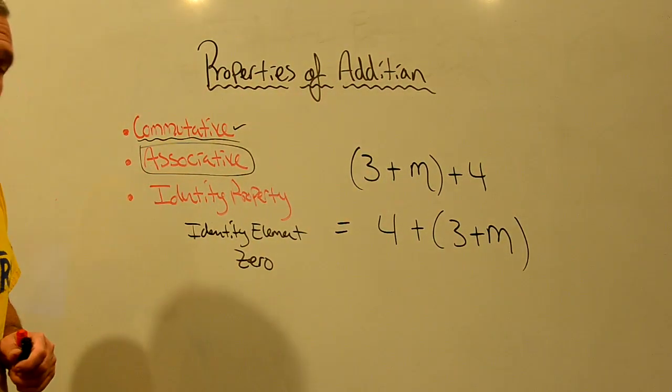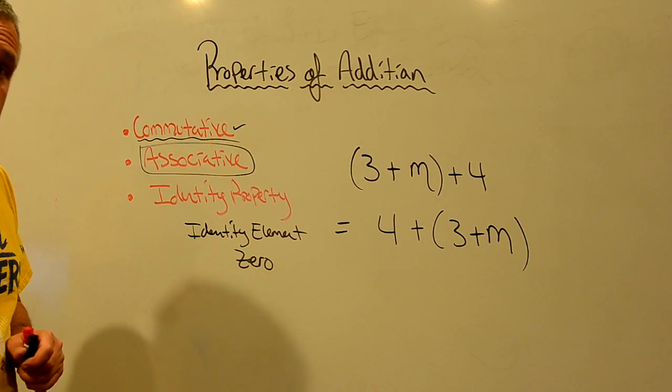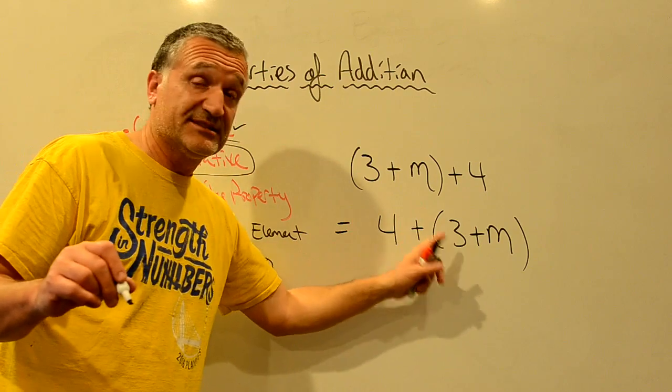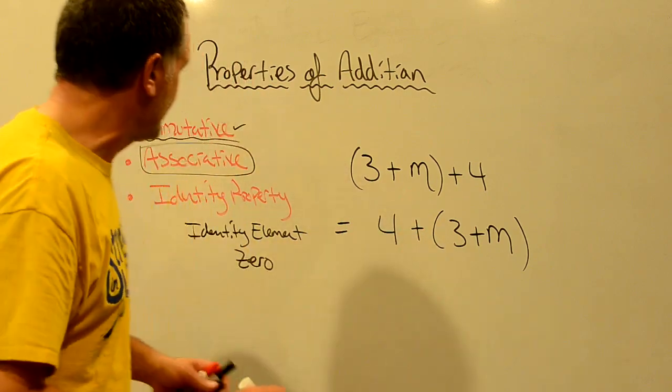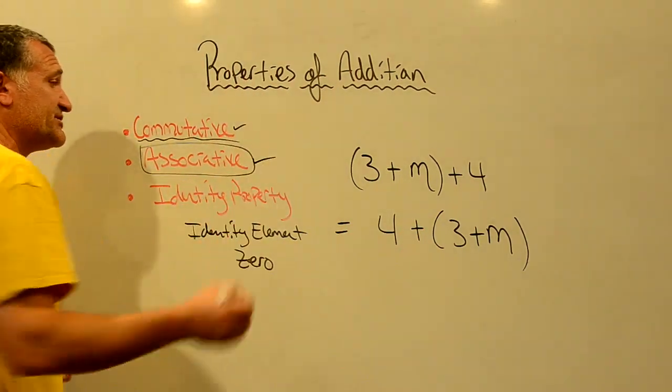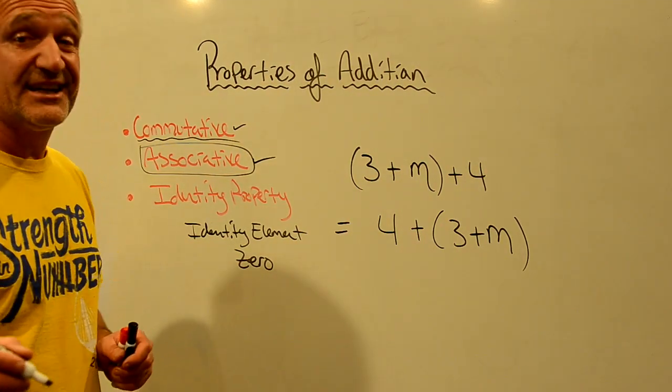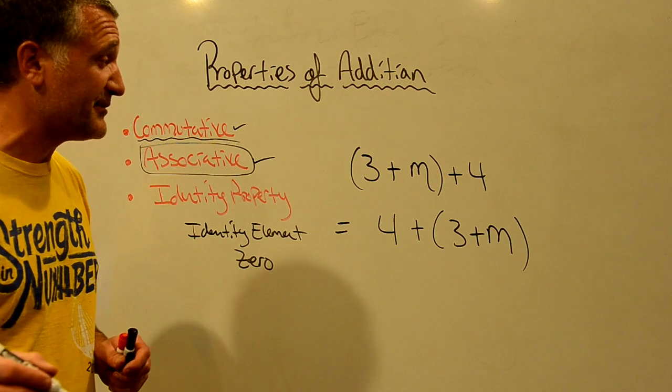Okay, so what do you think? Well, you're looking at this and saying, I see parentheses, and we talked about that associative property, so I'm going to guess the associative property of addition. Problem is, that's not correct. It's not the associative property of addition.